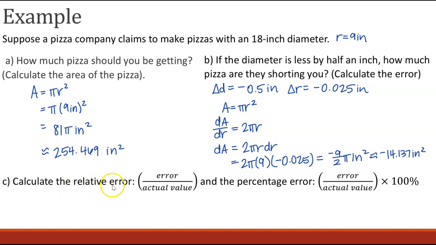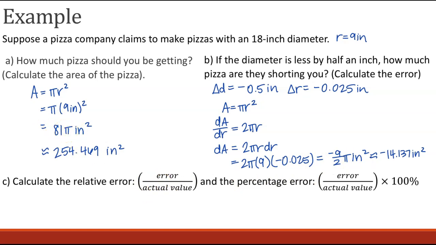So we're going to calculate the relative error, which is the error divided by the actual value. Whenever we do a calculation, if possible, we don't want to use a rounded previous value. So the error that we're going to use is the negative 9/2 pi value, not the approximate value. And the actual value we're going to use is 81 pi.